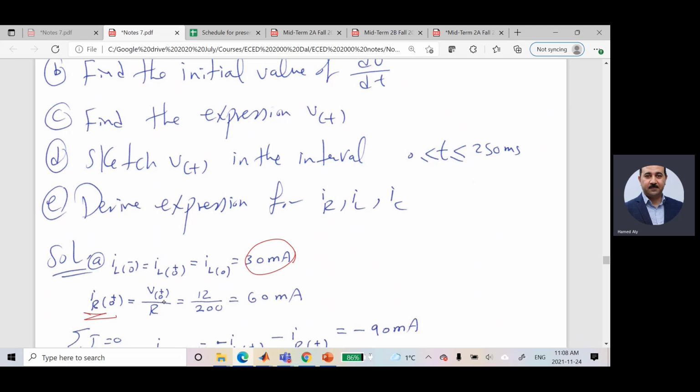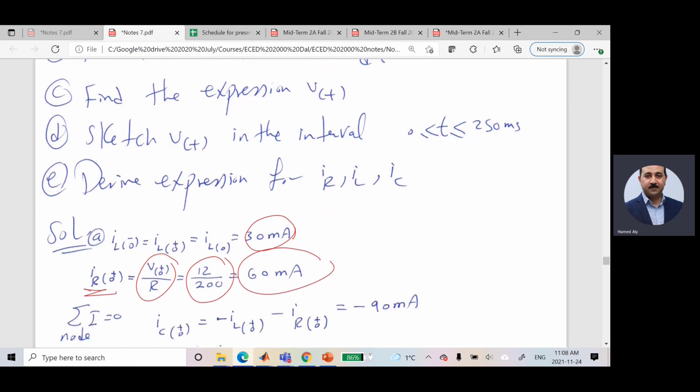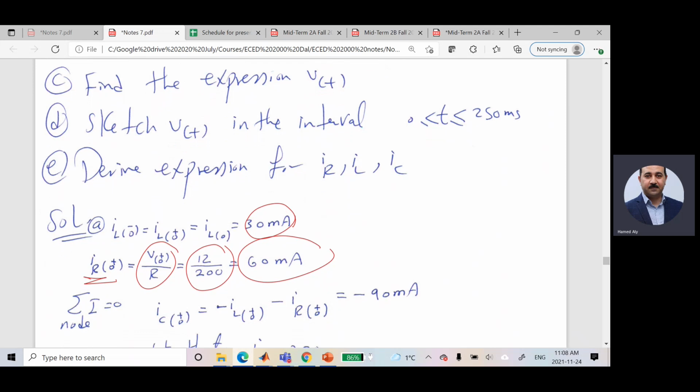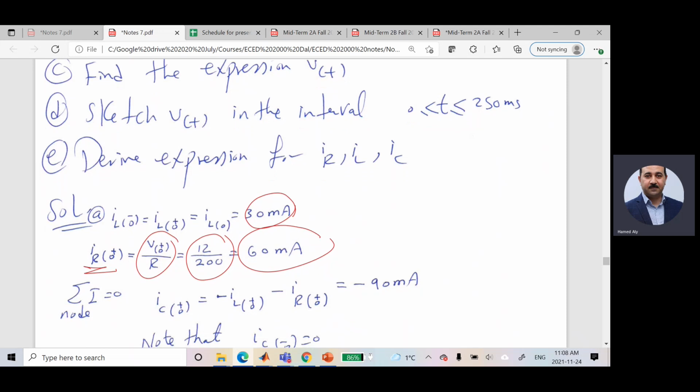But IR of 0 positive is equal to V of 0 positive divided by R, which is 12 divided by 200, equal to 60 milliamps. Then I said the summation of the currents is equal to 0 for the node. So IC of 0 positive is equal to negative IL of 0 positive minus IR of 0 positive, which is equal to negative 90 milliamps.